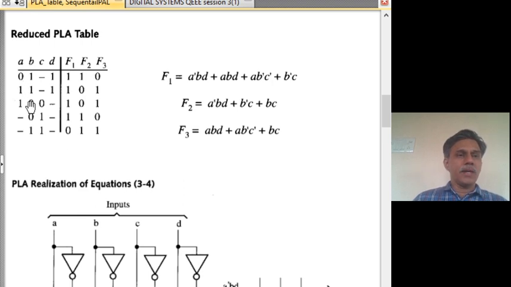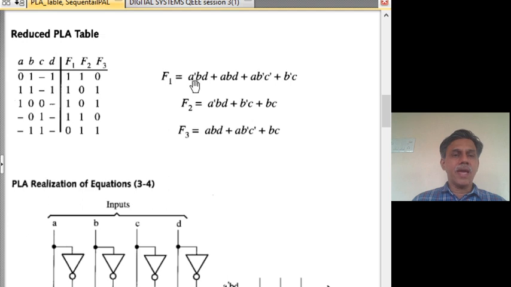Well, now, what is the structure of this PLA table? This is the input side where each variable A, B, C, D is written out, and each of these symbols denotes what product term that row stands for. So the first term that we need to realize is A dash B D, and that is what this first row stands for. We put a 0 whenever the variable is present in a complemented form.